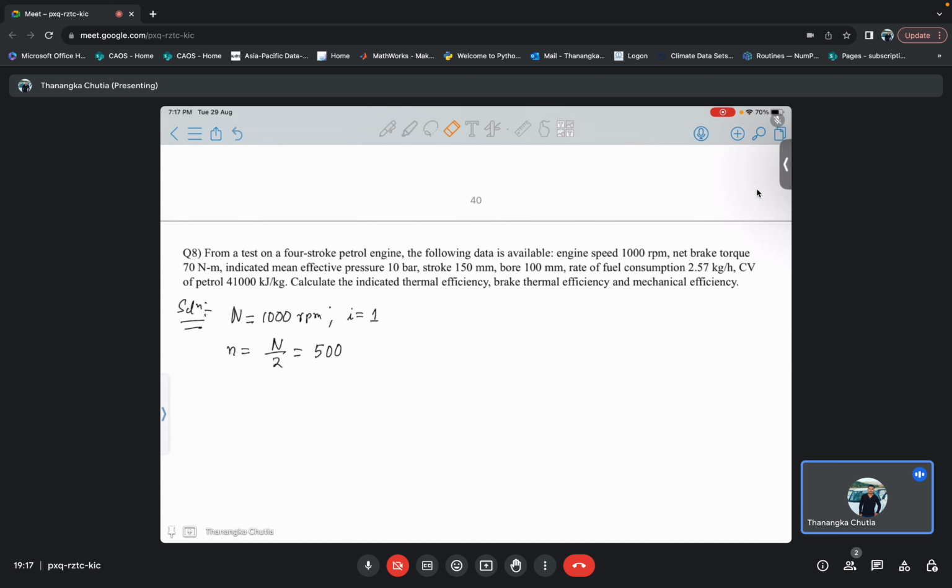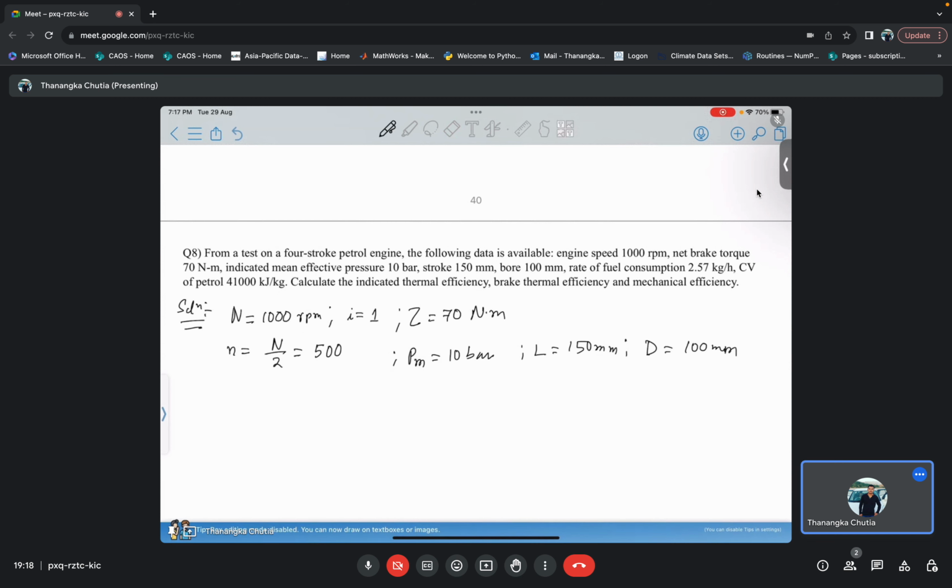Then brake torque tau is given as 70 newton into meter, and mean effective pressure is given as 10 bar. Stroke length L is given as 150 millimeter, and bore diameter D is given as 100 millimeter.